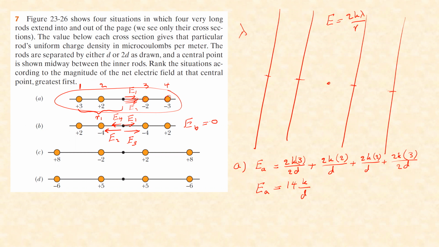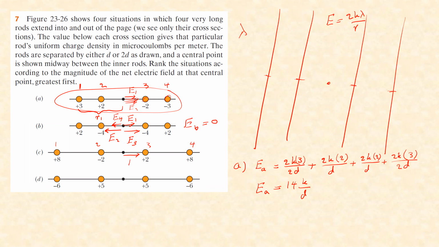What about C? Again, call these 1, 2, 3, 4. I think the net electric field is going toward the left. Toward the left, that's correct. Let's do it one by one.